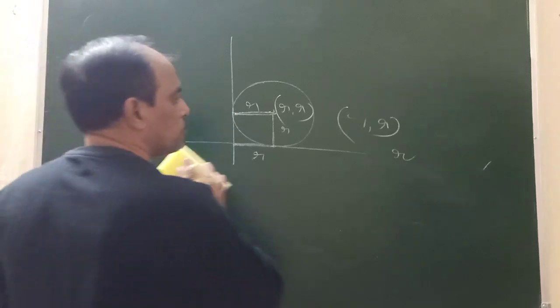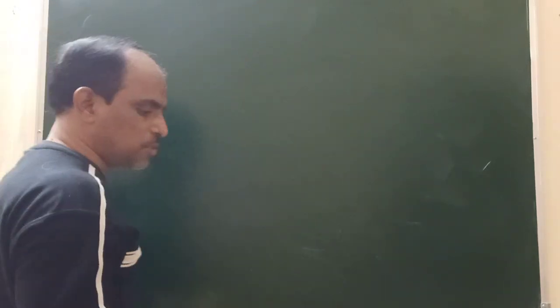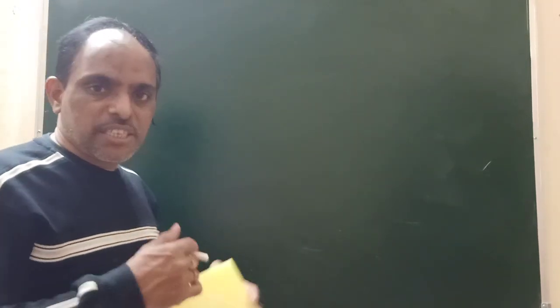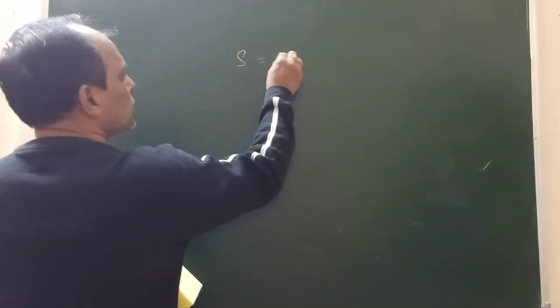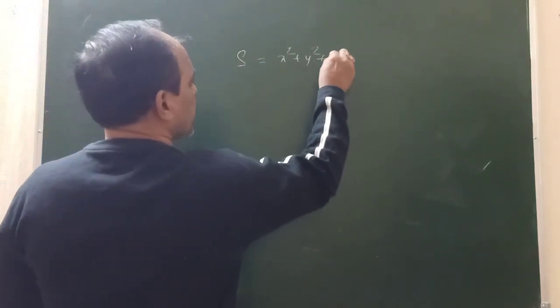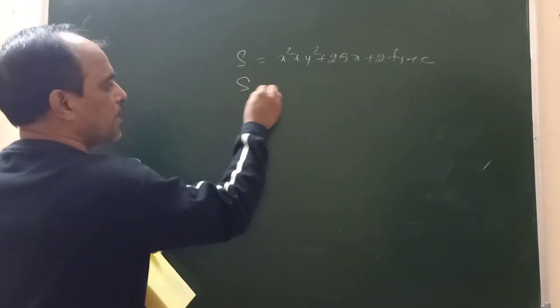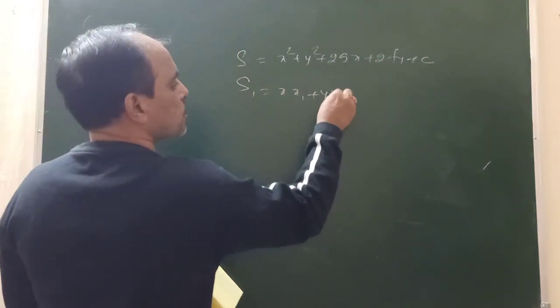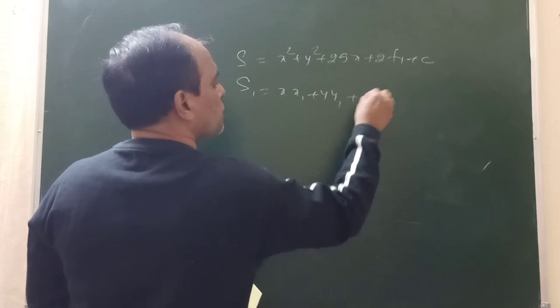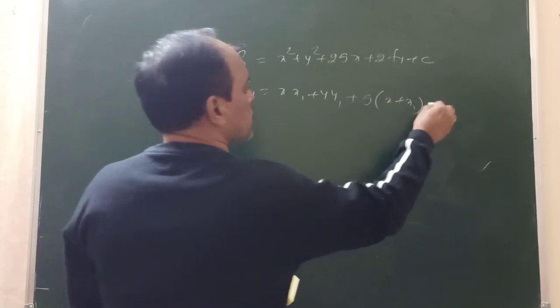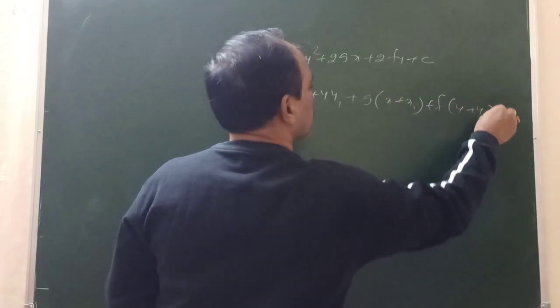Okay. Now, coming to the next point, notations. I think everyone will know that S is equal to the general notation x square plus y square plus 2gx plus 2fy plus c, and S1 is equal to xx1 plus yy1 plus g(x plus x1) plus f(y plus y1) plus c.